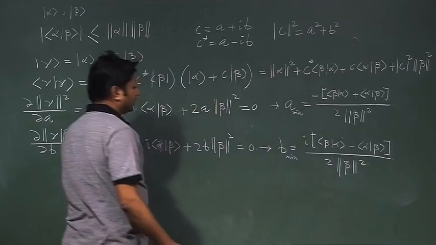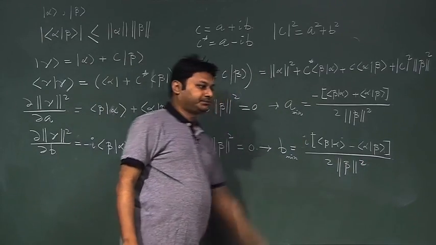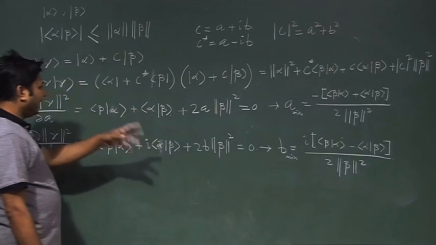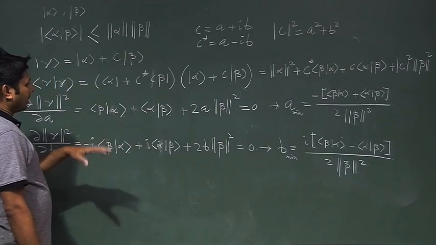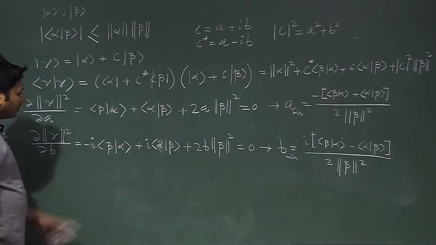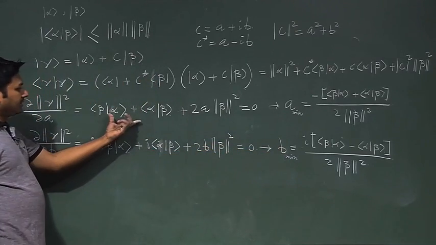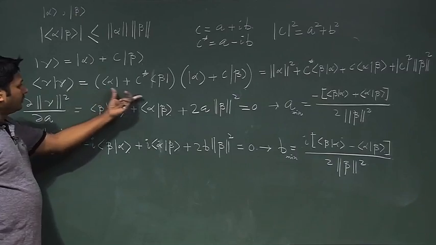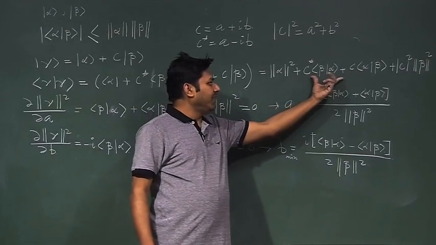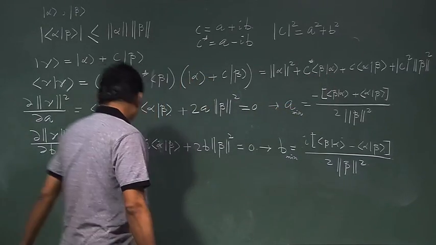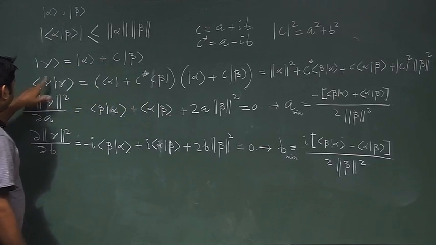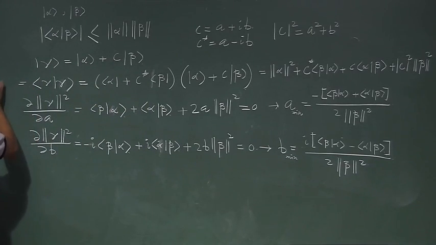So, now I have a and b separately. Now I am going to put these a and b here to make it minimum. So, now I am trying to find out what is the minimum value of this norm. This is essentially this quantity.